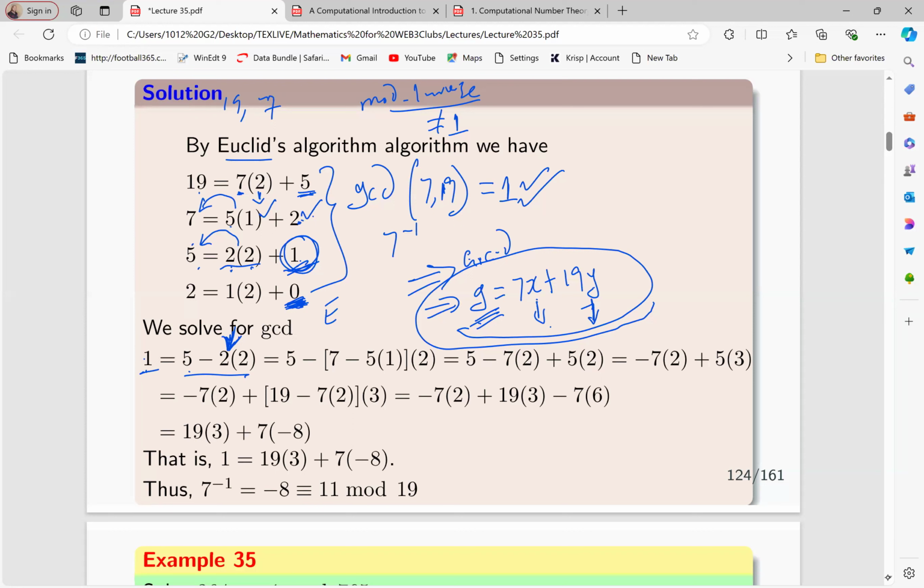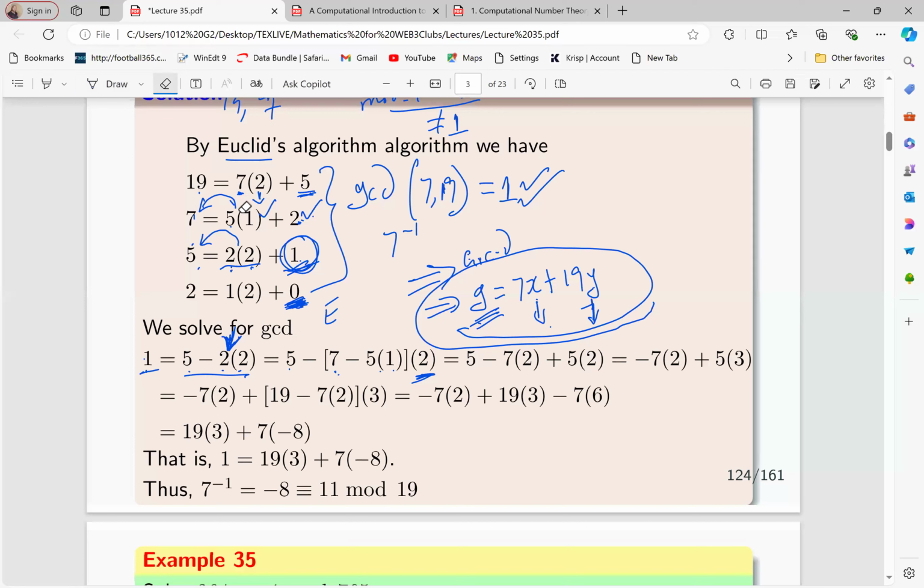So we have this 5, then you have 2, and this 2 is the remainder, which is 7 minus 5 multiplied by 1.